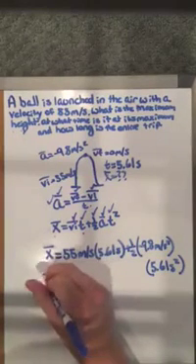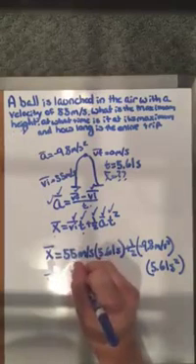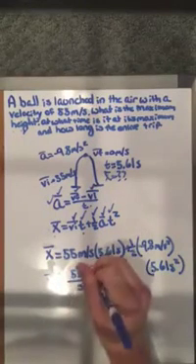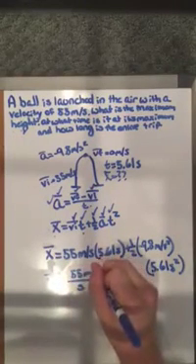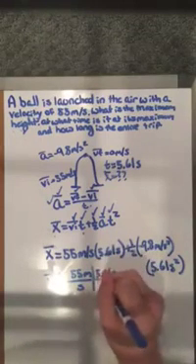Now, I'm going to put this in dimensional analysis right here underneath. So it should be distance equals 55 meters per second times 5.61 seconds.